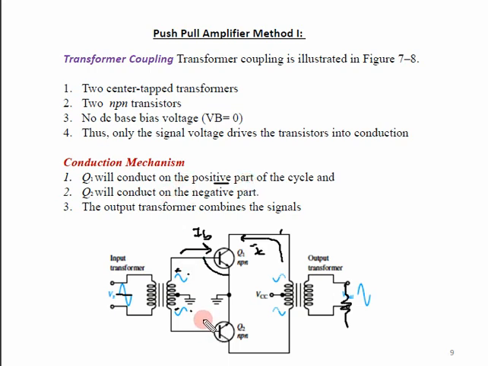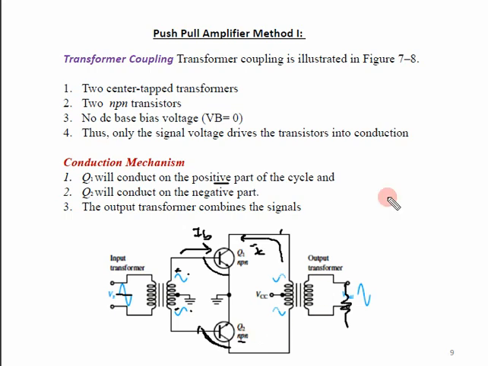And remember, for this negative half cycle, it cannot overcome this 0.7 V barrier voltage of the base-emitter junction. It is reverse biased, so there is no conduction in this part.